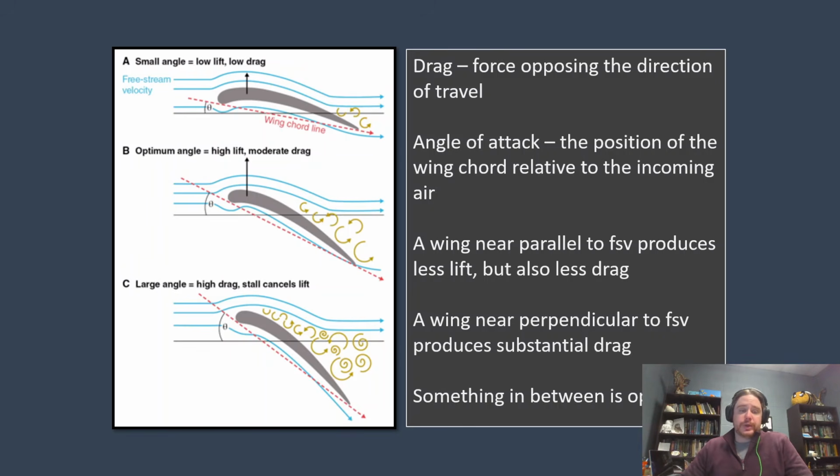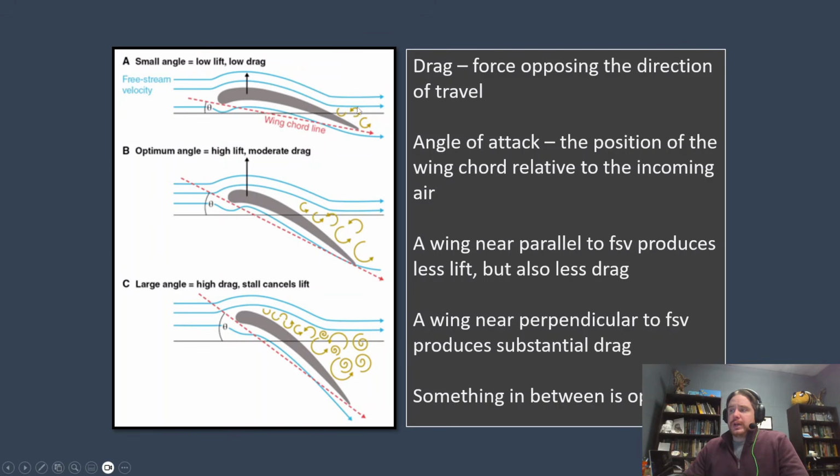And so if you tilt the wing a bit, you actually get a bit of a trade-off here where you can get very high lift, but it gives some more drag as a result because the wing chord's no longer parallel with free stream velocity or close to parallel. It's starting to tilt at a harsher angle to the free stream velocity.